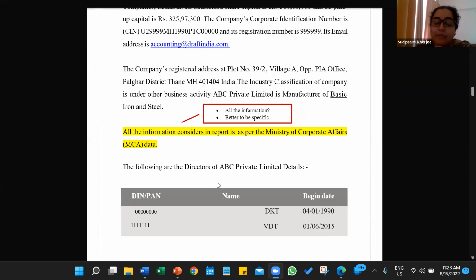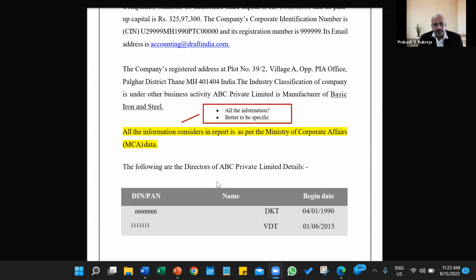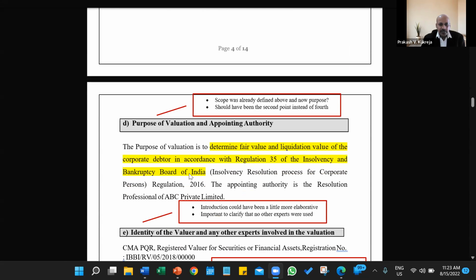I am an SFA valuer, and in case of a shareholding change, you'll have to get that information certified by the management, that the shareholding has changed since the last 31st March. Yes, correct. So you have to verify that information, and this statement may not be correct. Exactly. Great. Perfect. Thank you.